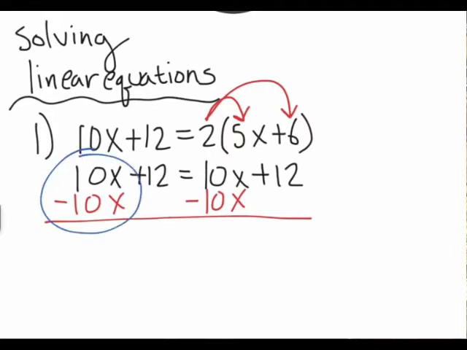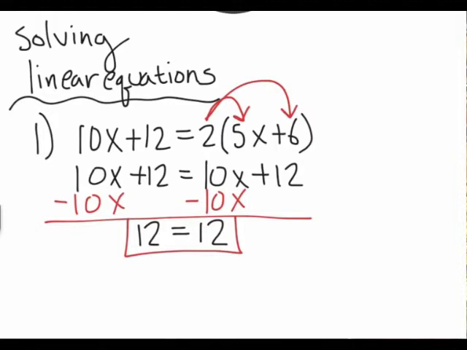10x minus 10x is 0, so that goes away, leaving us with 12 on the left-hand side of the equation. And 10x minus 10x goes away, so we're left with 12 on the right-hand side of the equation. Now, notice what we found here. We found that 12 equals 12. This is a true statement, no matter what value we plug in for x, because the x goes away after we do this step.